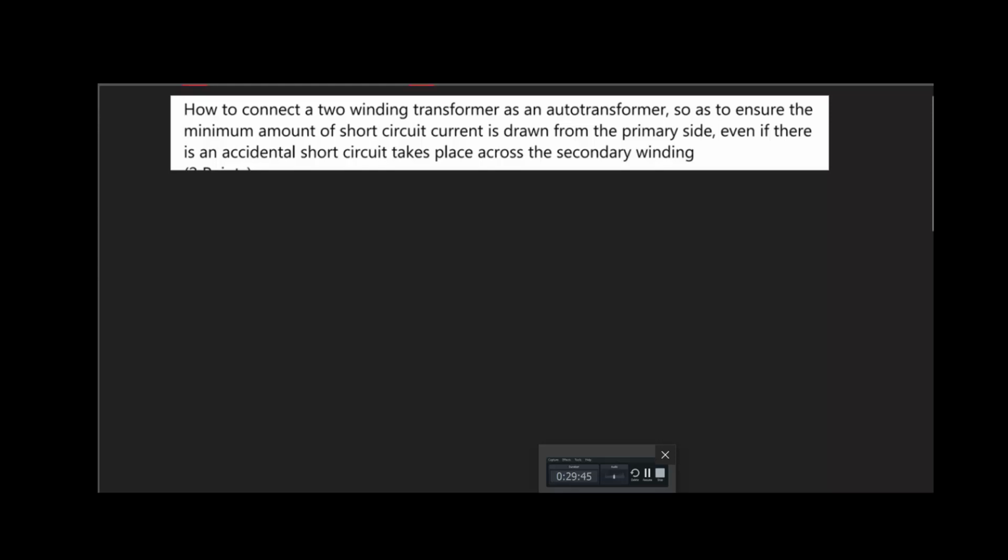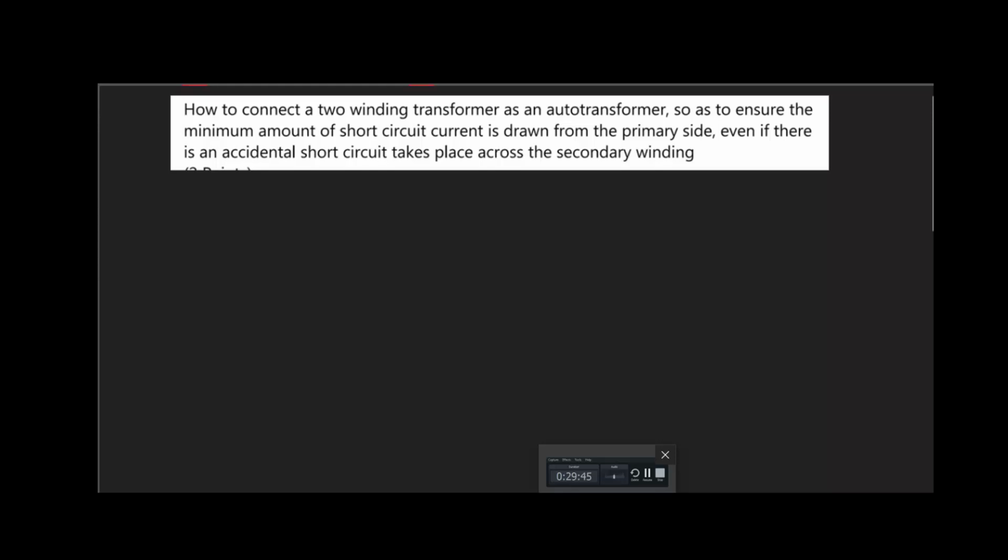Now coming to another important concept, that for a given voltage, the transformer which has a smaller kVA will draw comparatively lesser short circuit current, but the transformer which has a higher rating will always draw a high amount of short circuit current. So if we keep these two things together, then what conclusion can we draw here?